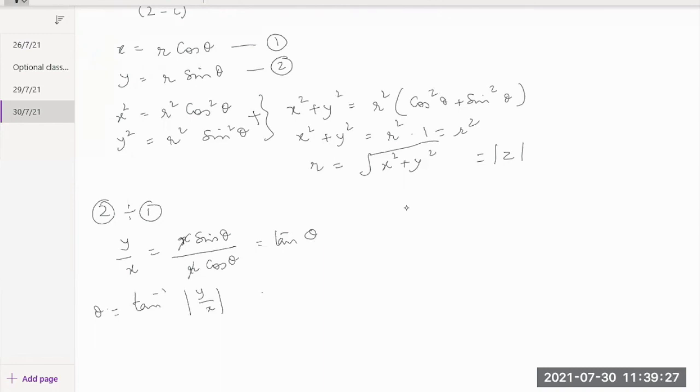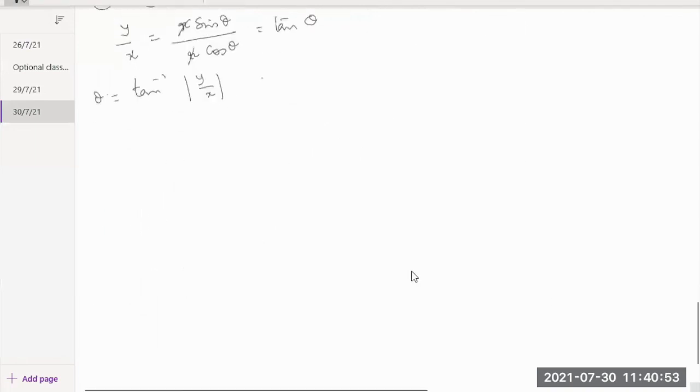Now let's see another question before we end. There is a question now. It's a very elementary question which could be asked for 1 mark. It says mod of z equals 1 is what type of equation? The question is, what does this represent over here?